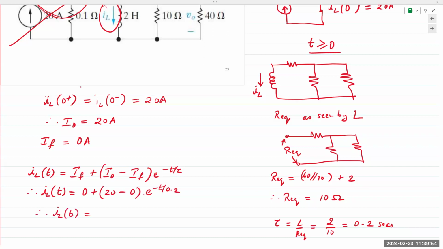Reduce it, and we obtain 20 times e raised to minus 5t. All of this has units of amps, because the quantity is still current I. It may be a function of time, but it is still a current quantity. So it's amperes, and this equation is valid for all values of t greater than or equal to 0.